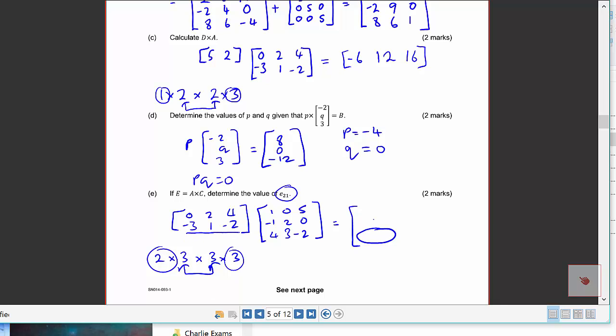So that's going to be the bottom times the left. So that's negative 3, take away 1 is negative 4, take away 8, so that's going to be negative 12 just there. So the answer to that is negative 12. So we didn't need to do the whole thing. For E21 we just want second row, first column.